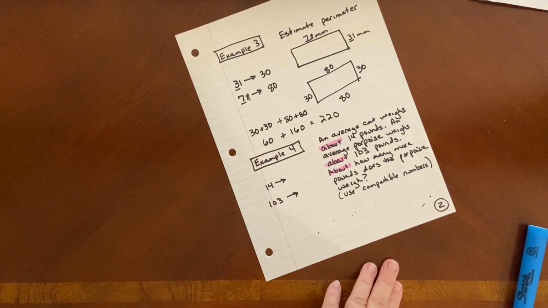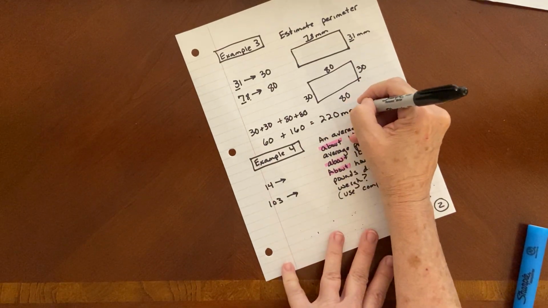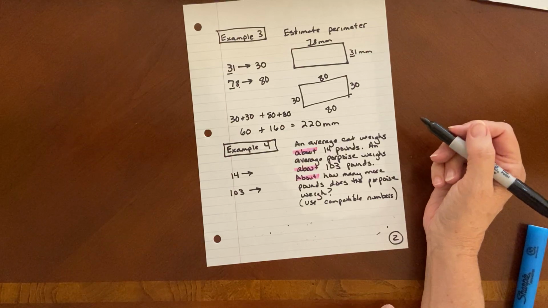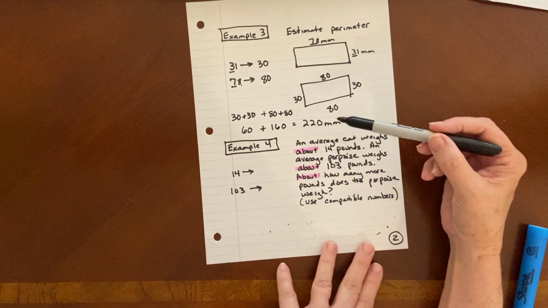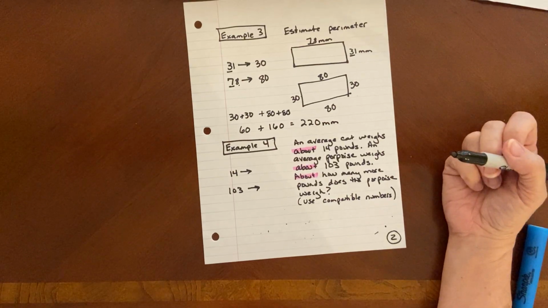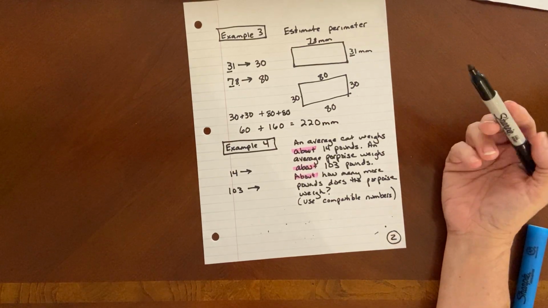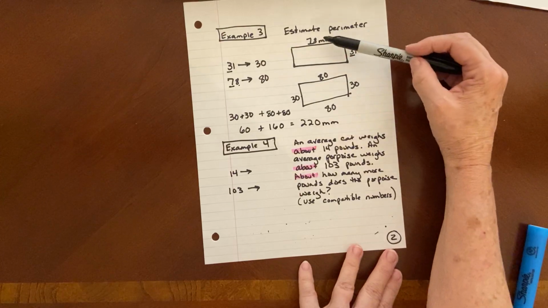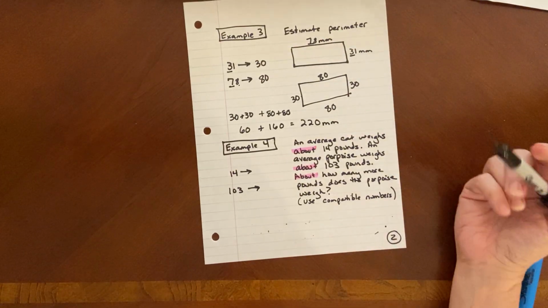Did I put a label on there? Nope. Mrs. Snyder will get mad if you don't put a label on there. She'll give you points off. All right, so 220 millimeters is my estimate for my perimeter. Does that sound reasonable? Yeah, that'd be about right. So 100, 200, yeah, that'd be about right.